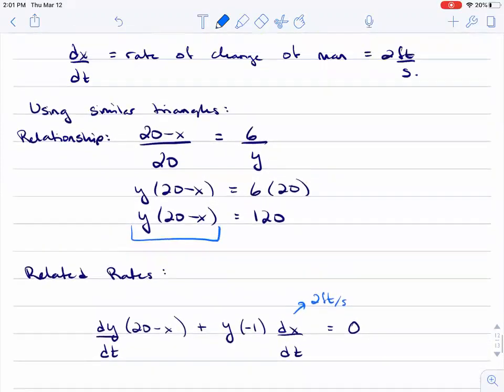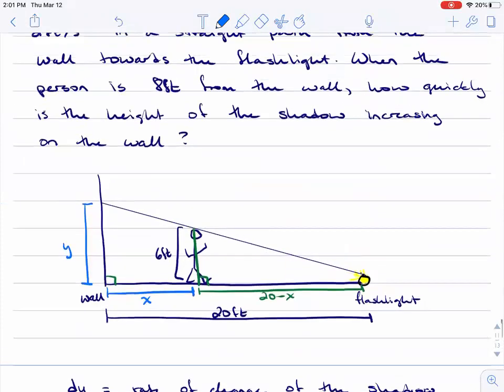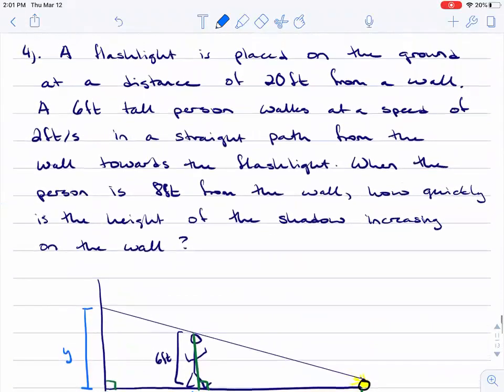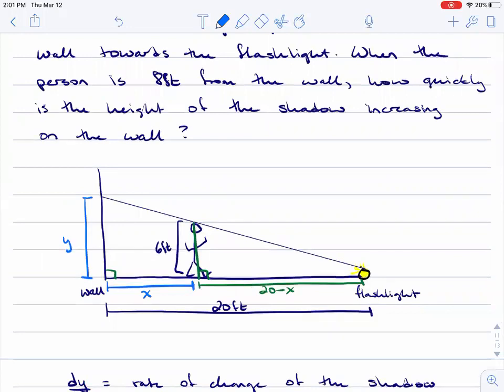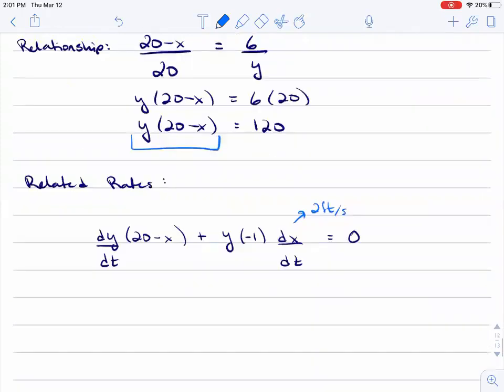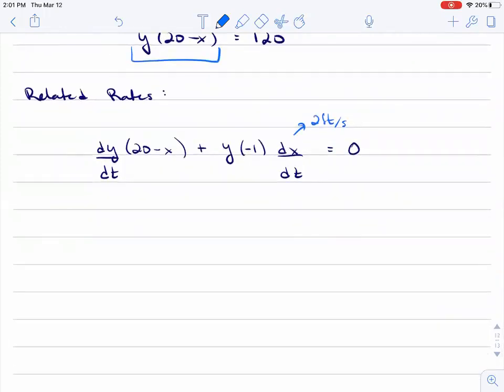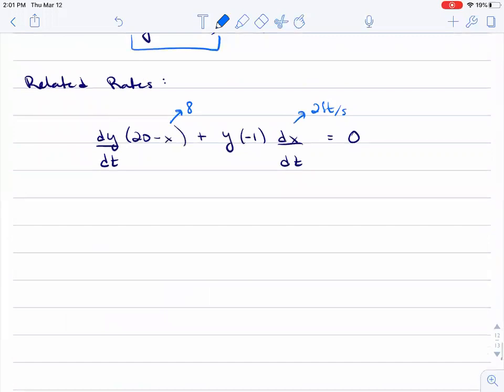Going back to the question, we said when the person is 8 feet from the wall, so x is going to be 8, then we can figure out what y is.